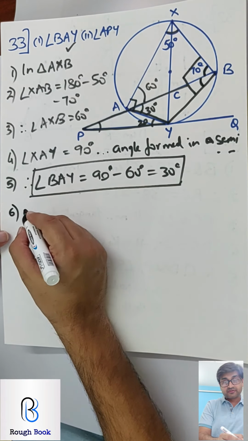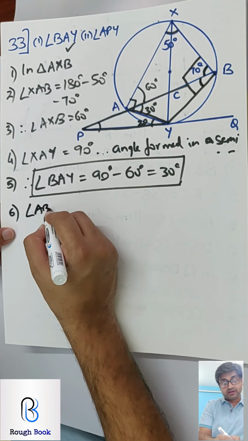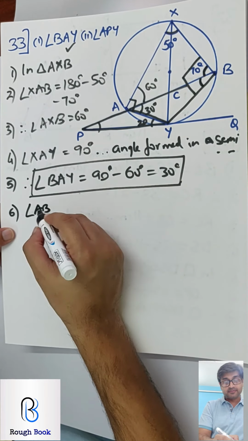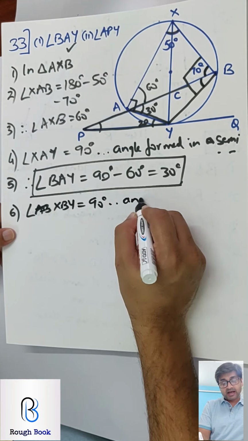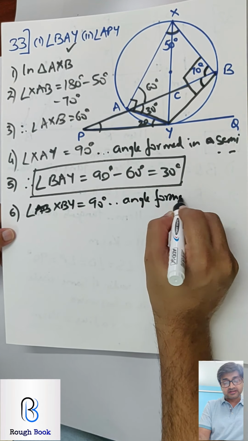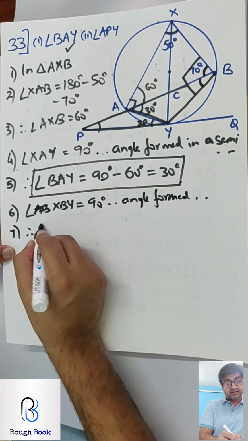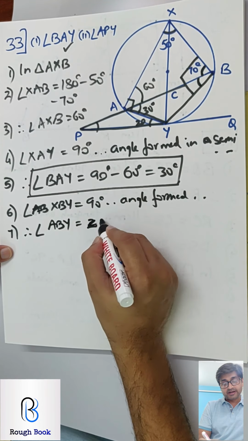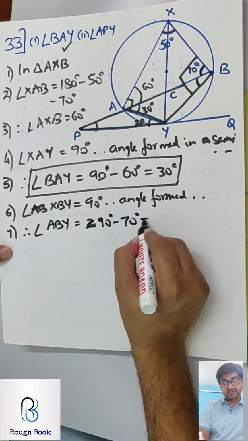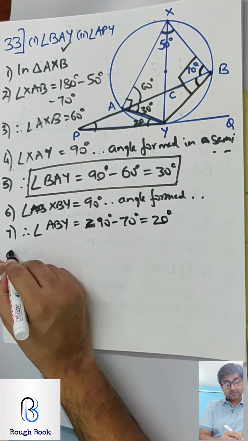Step 6. Firstly I will say angle XBY is also 90. Angle formed in a semicircle is a right angle, and therefore angle ABY will be equal to 90 minus 70, that is 20.